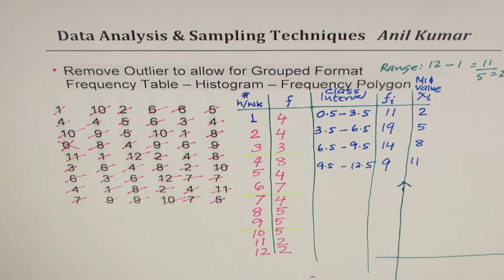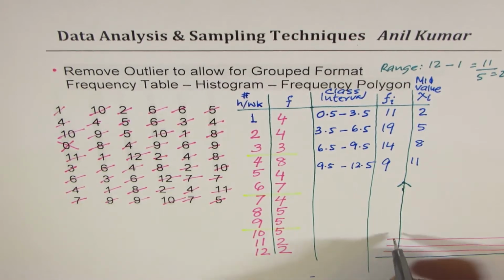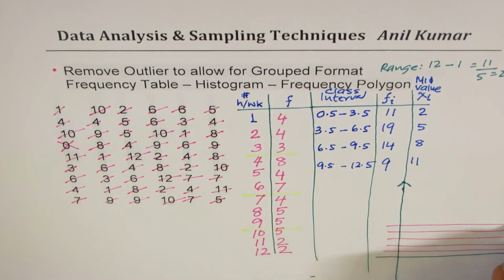So let's go by multiples of 5. Okay, so we can go with 2s. So we have 2, 4, 6, 8, 10, 12.